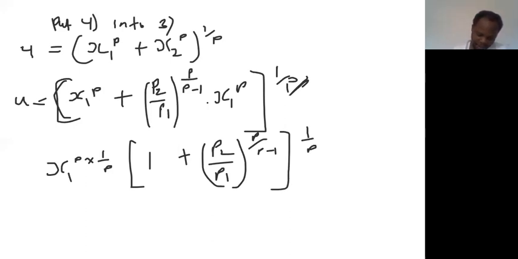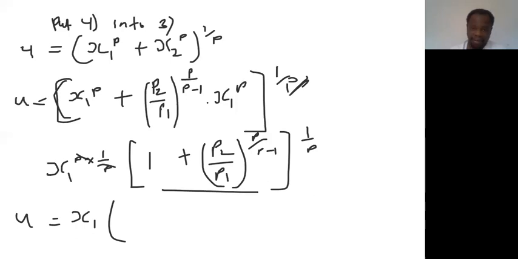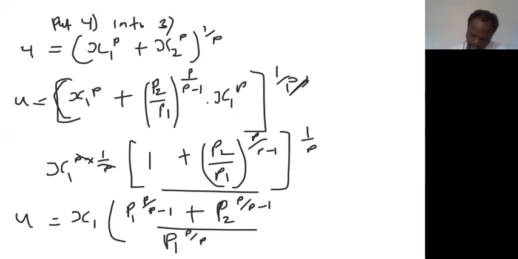Then I have u equals to x1. I can also simplify this expression. Now, if I want to simplify this expression, it is going to be P1 φ over φ minus 1 plus P2 φ over φ minus 1, all over P1 φ over φ minus 1, multiplied by 1 over φ.